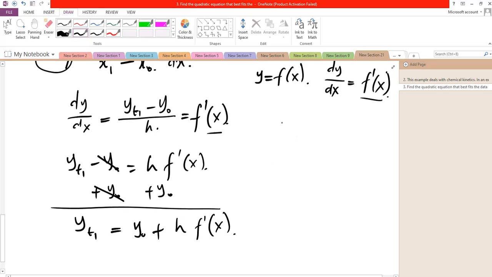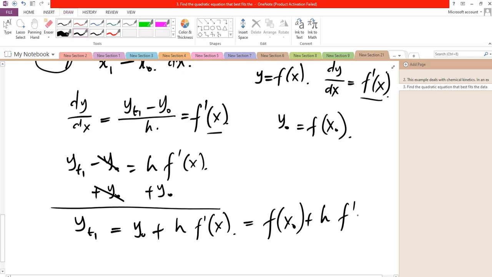Now I can also say y0 is a function of x subscript 0. So now I will express this as f subscript 0 plus h times the f prime function.